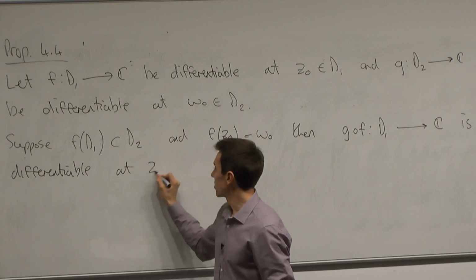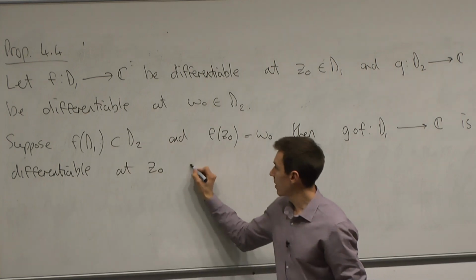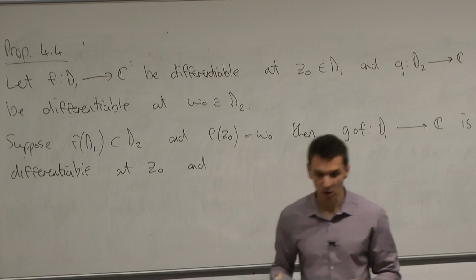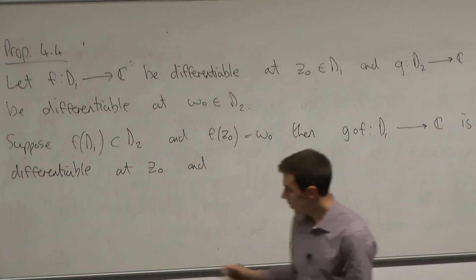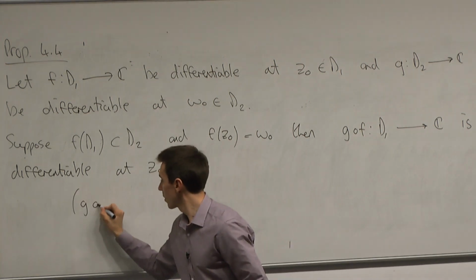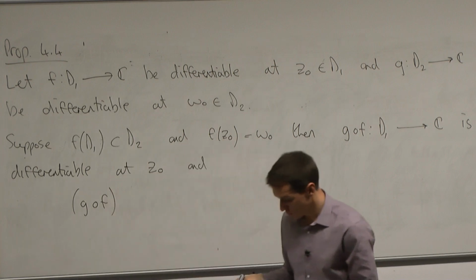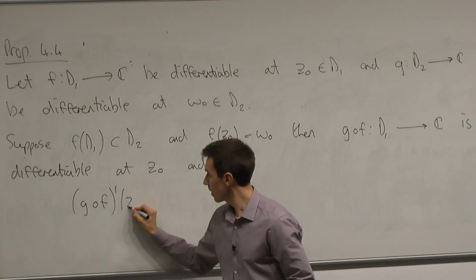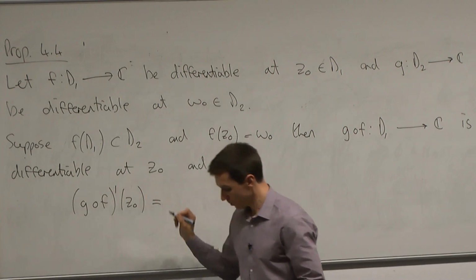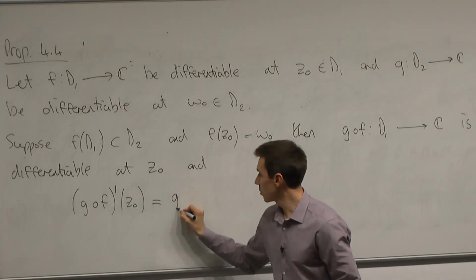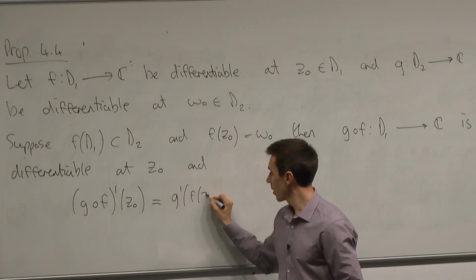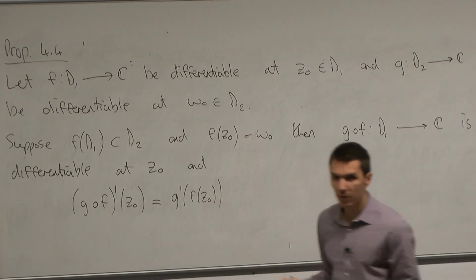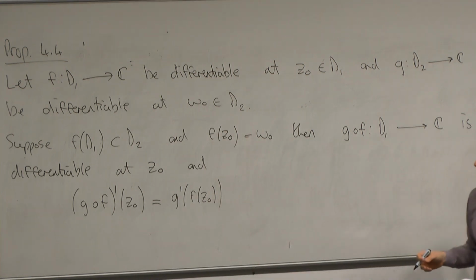At z0, and we have the following result. And here is then the chain rule. So (g∘f)'(z0) is equal to g'(f(z0)), and then we must differentiate inside the brackets, as it were.